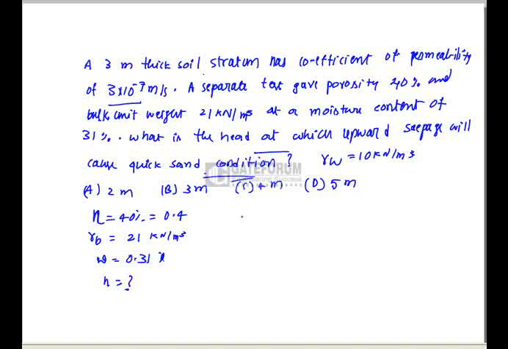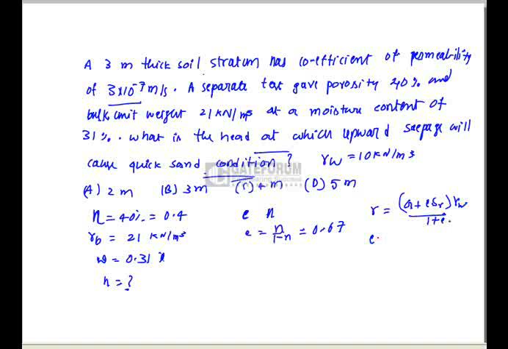We know the relationship between porosity and void ratio: e is equal to n by 1 minus n, that is equal to 0.67. We know gamma bulk is equal to G plus e S_r into gamma W by 1 plus e.